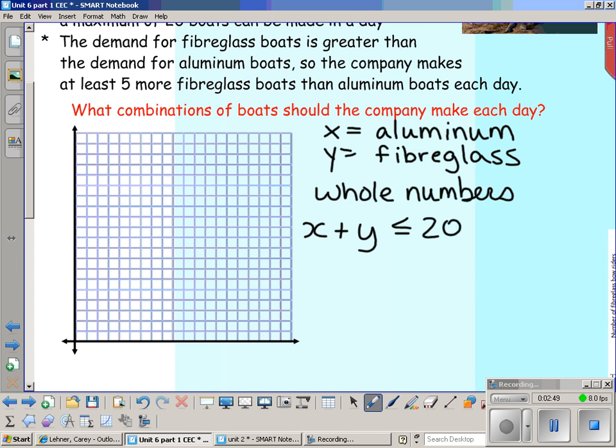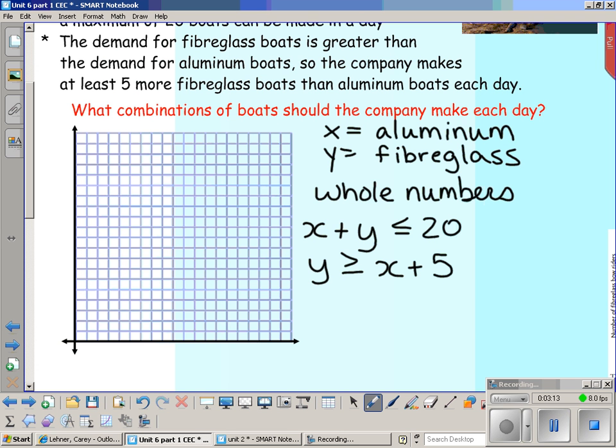The other piece of information that they tell you is that the company makes at least 5 more fiberglass boats than aluminum boats. So what we have is the number of fiberglass is at least 5 more than the number of aluminum.